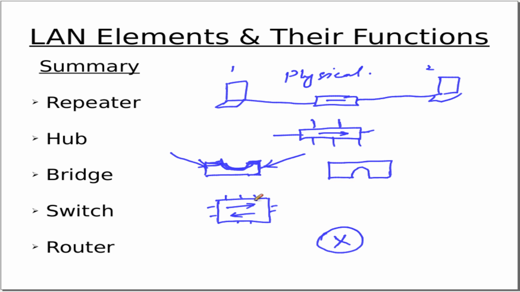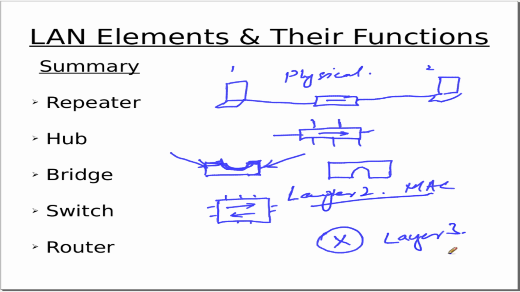Also, we have seen that switches work at layer 2 of the OSI model. It means that they forward the frames based on the MAC addresses, while routers work on layer 3 of the OSI model, and they forward the frame based on the IP addresses. Let me just write it: layer 2 MAC addresses and layer 3 IP addresses.